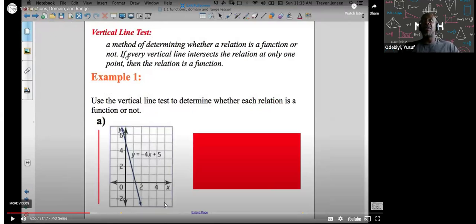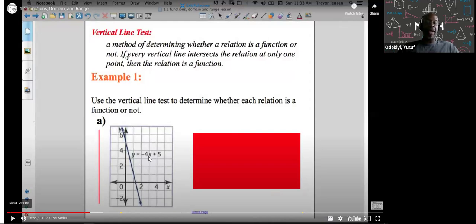Is this a function, or is it just a relation? Again, you can do the vertical line test. I want to see answers in the chat. I want to see if you guys are paying attention. Someone says yes, it's a function, right? If I were to use my mouse and move it all the way down, I'm going to hit that line in one spot. So it is a function.